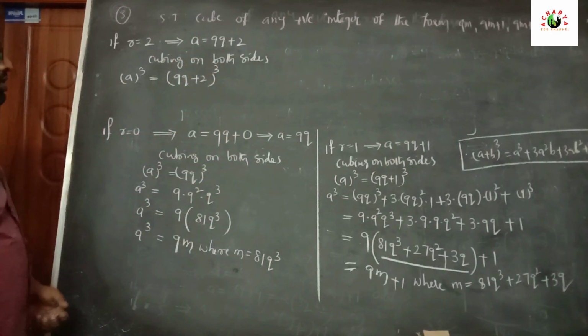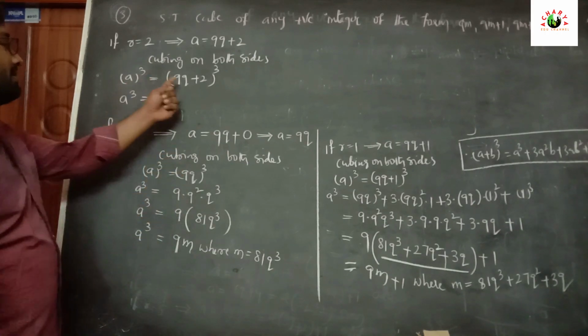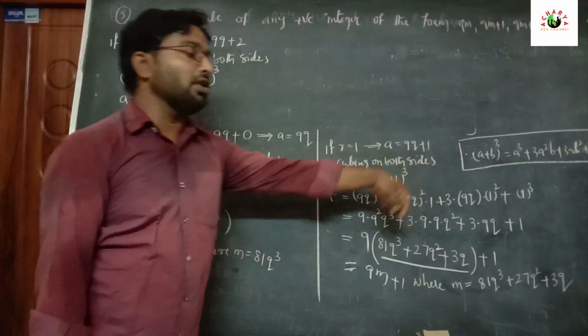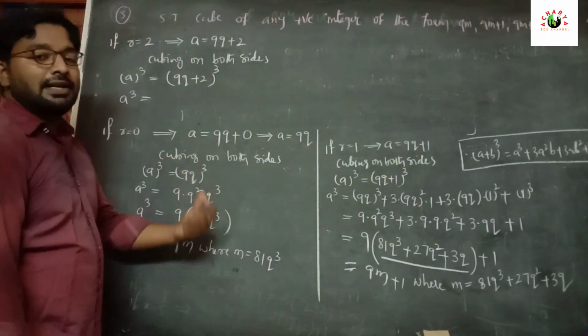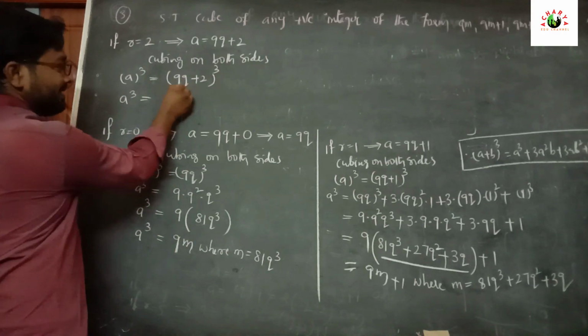Same on the LHS, a cube equals; it is in the form of (a plus b) whole cube. Already I have written here the (a plus b) whole cube formula: a cube plus 3a square b plus 3ab square plus b cube. Here a is equal to 9q and b is equal to 2.